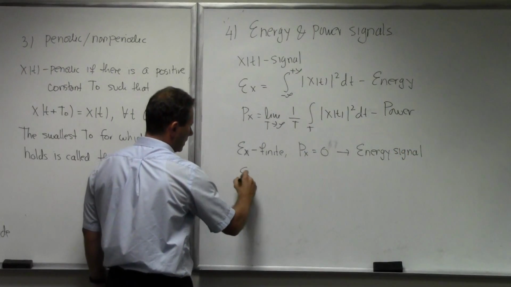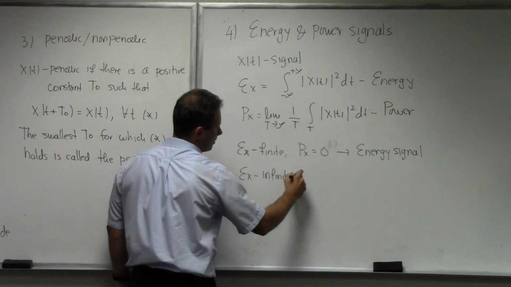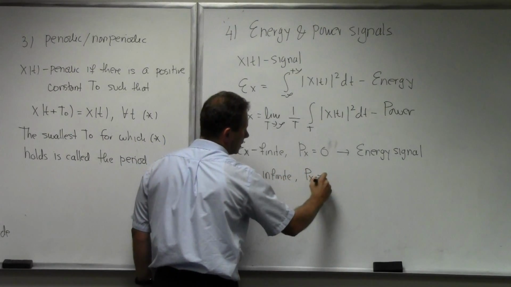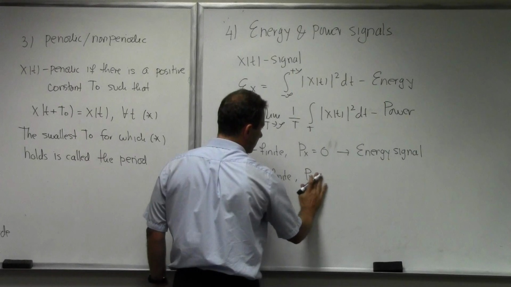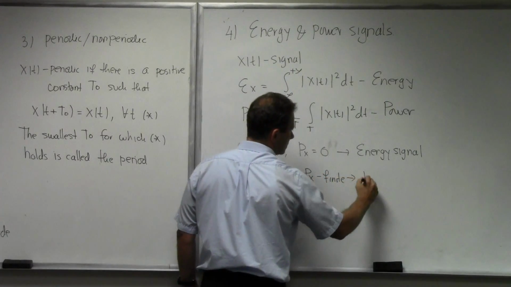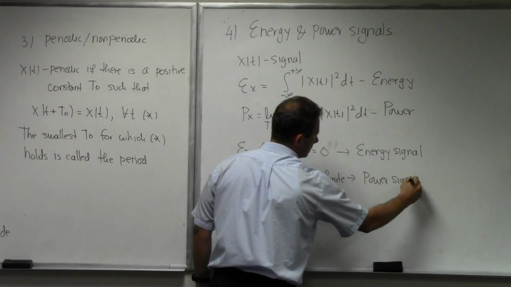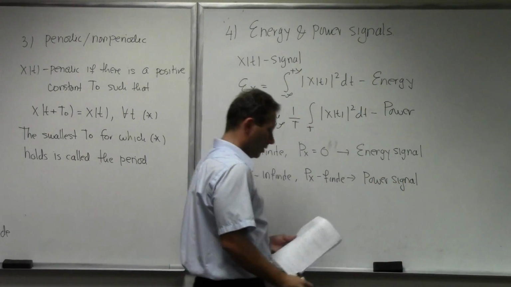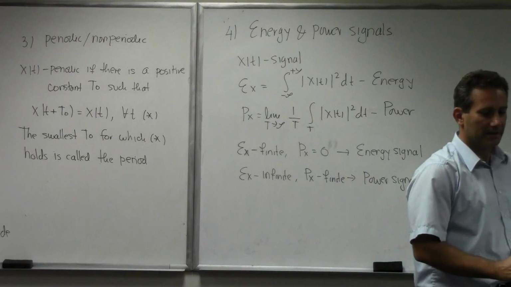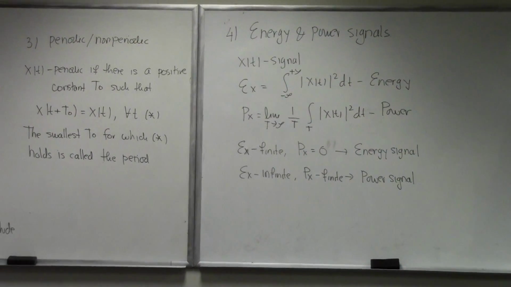And if energy is infinite but the power is finite, then this is a power signal. Okay, all of the practical signals fall in one of those categories. They are either energy or power signals.